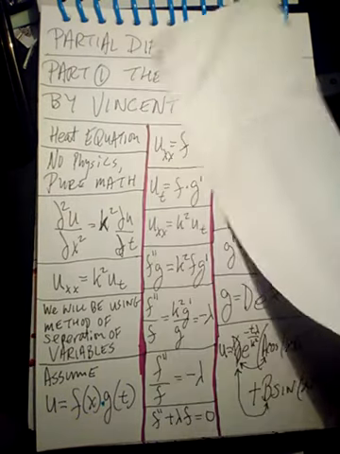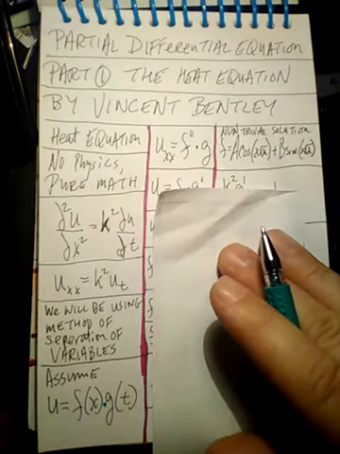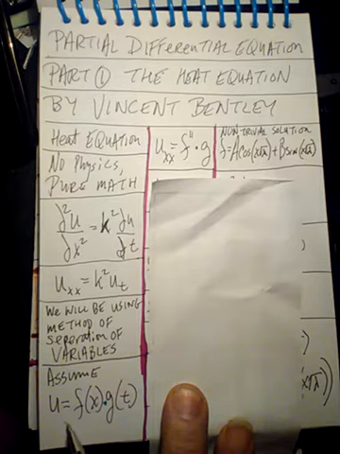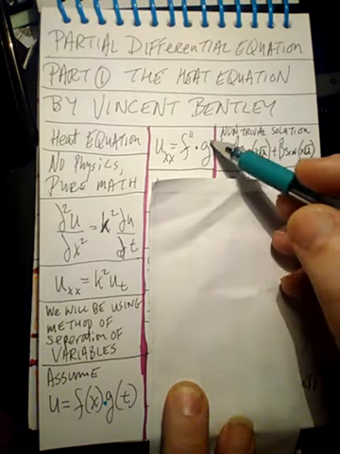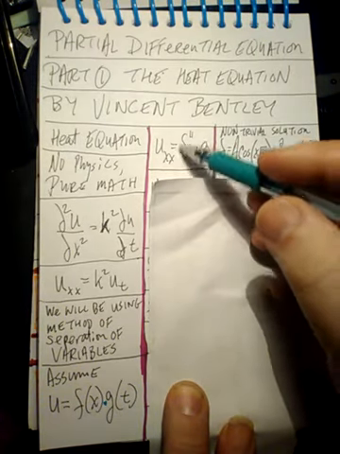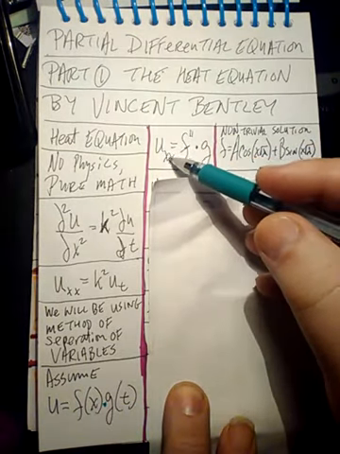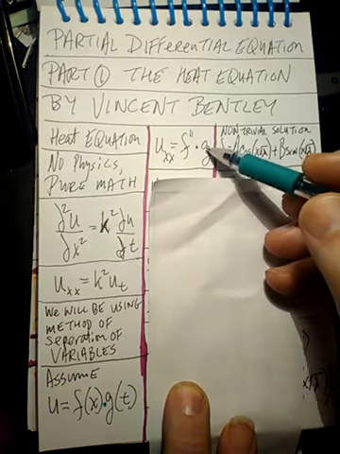Okay. And the first thing we'll do is take two partial derivatives of this with respect to x. The g of t will just be constant, so nothing will happen to g, but there'll be two derivatives of the x function right here. So u_xx equals f double prime times g.